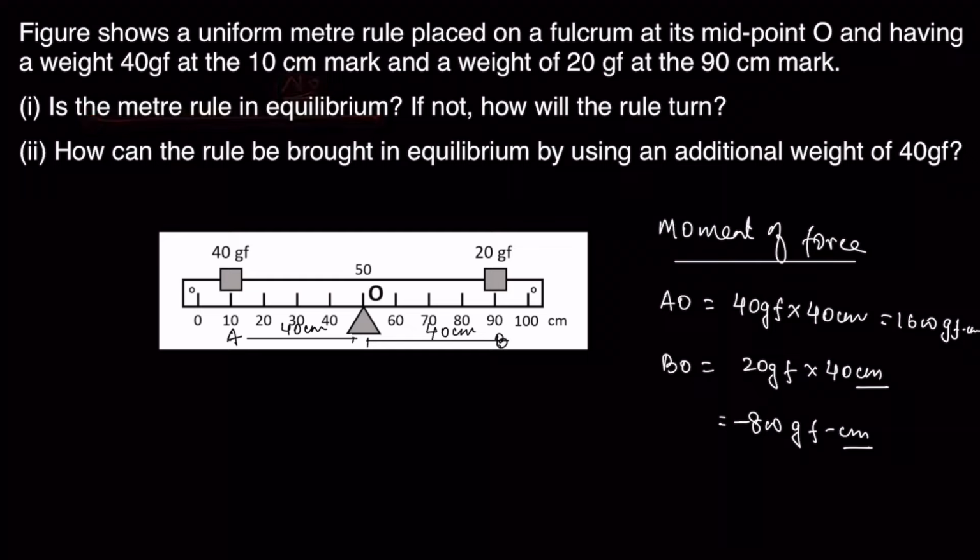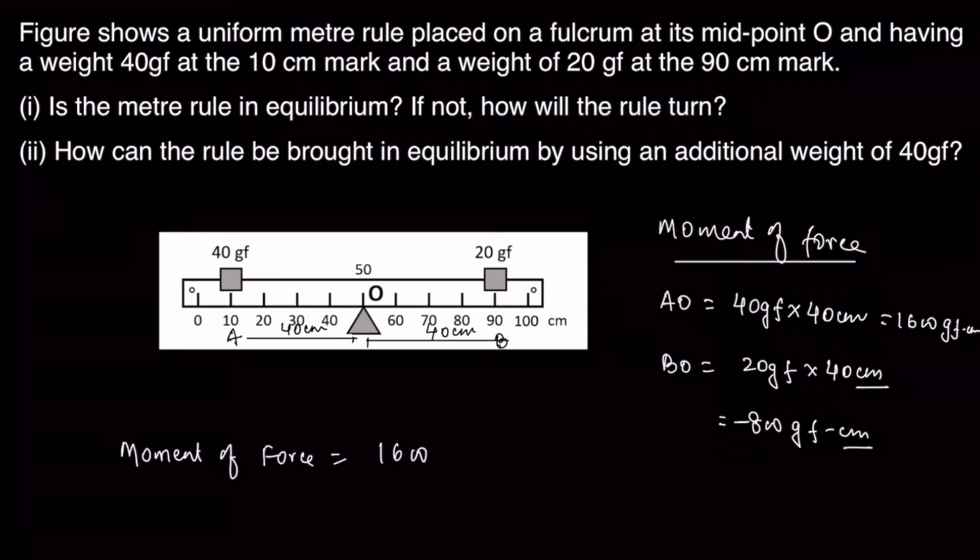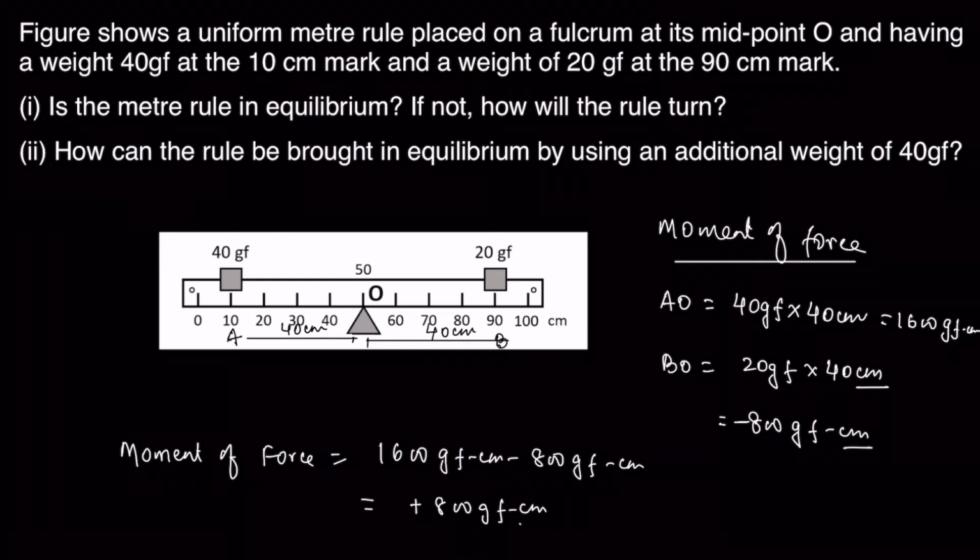Second, how will the rule turn? The moment of force is 1600 gf centimeter minus 800 gf centimeter, so it is coming plus 800 gf centimeter. Plus represents anti-clockwise direction. It means the meter rule will move in the anti-clockwise direction.